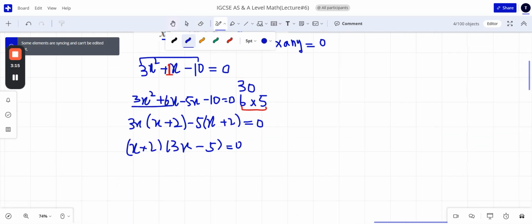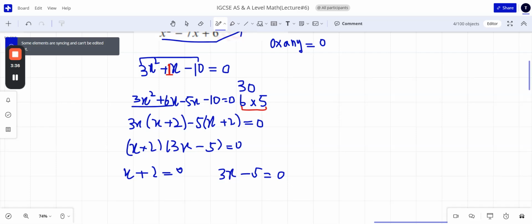Then we will separate both the factors. So x plus 2 is equal to 0. Then the same as it is, 3x minus 5 equal to 0. Now we will shift the constant value to the other side of the equal sign, so it becomes minus 2 here. And there we will shift the constant to the other side, and it becomes plus 5.